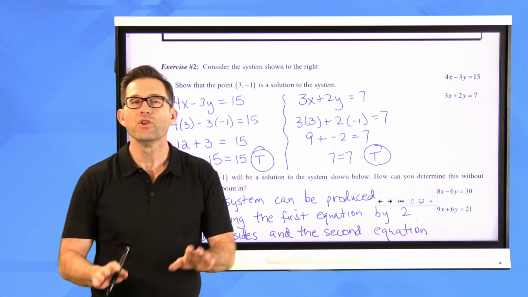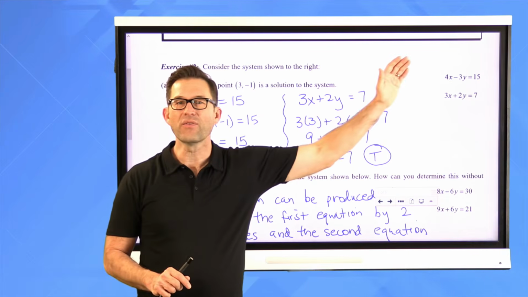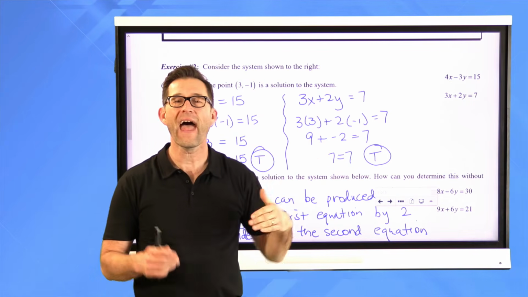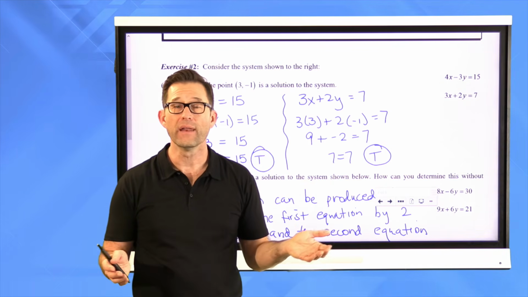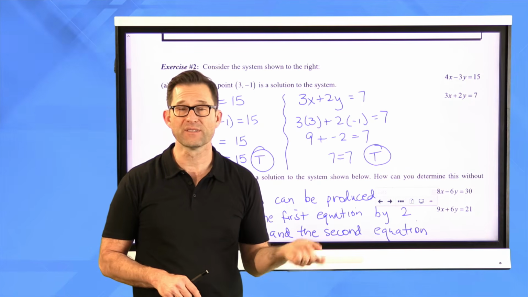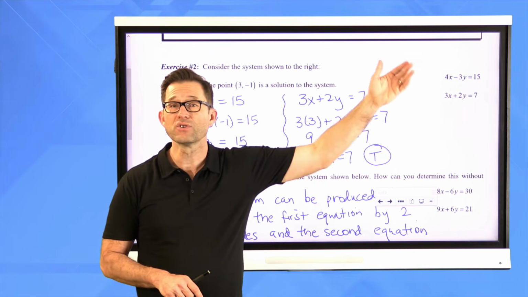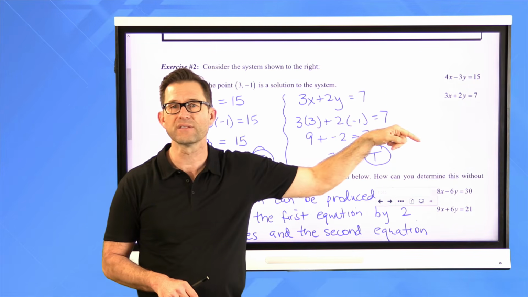All right, you can almost see the technique developing. We'd like to be able to take those two equations, add them together, and have one of the variables cancel out. Now, it's only going to cancel out when we add them together if we've got opposites there. In this original system, we don't have any opposites. If I had added these together, I'd get 4x plus 3x is 7x.